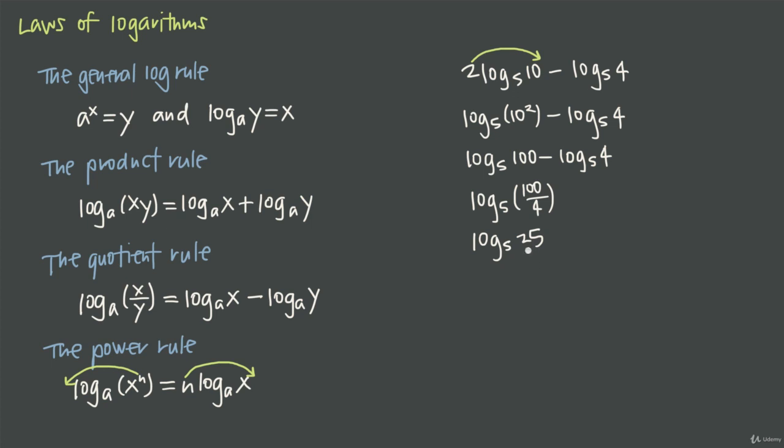And then from here, we can use the general log rule to write this in exponential form and try to get a real number value for the answer. So if we convert this using the general log rule, we take the base of 5, so we say 5 to the x, we don't know the result of this, is equal to the argument 25.